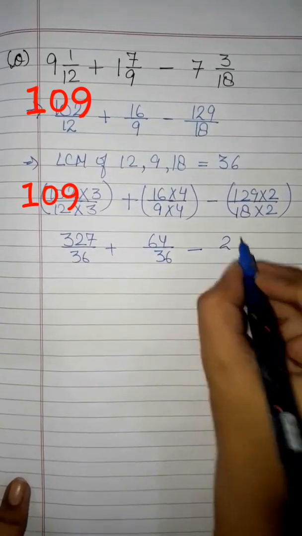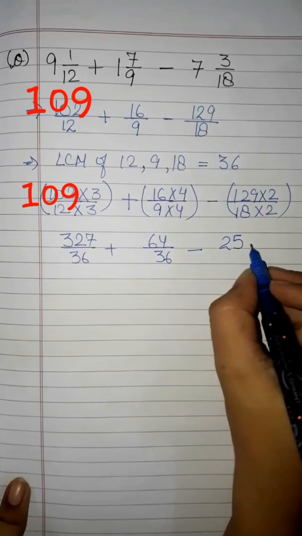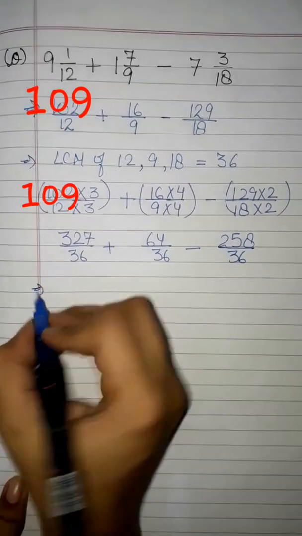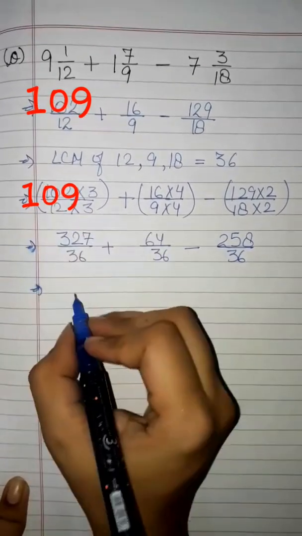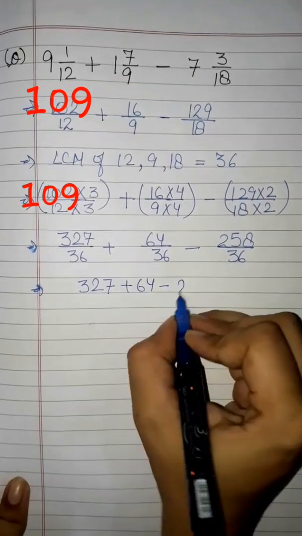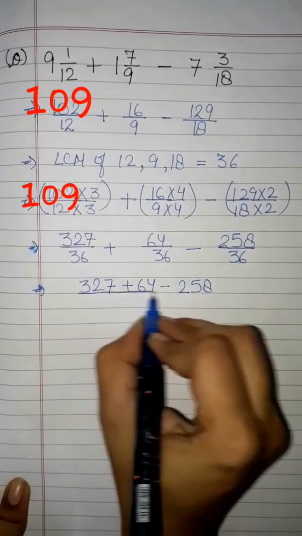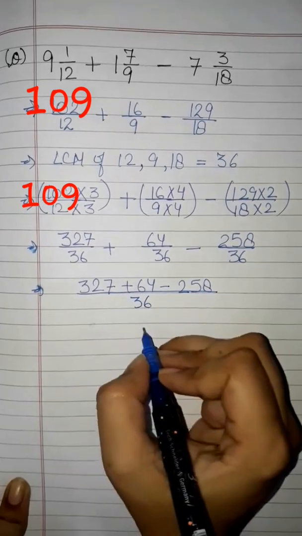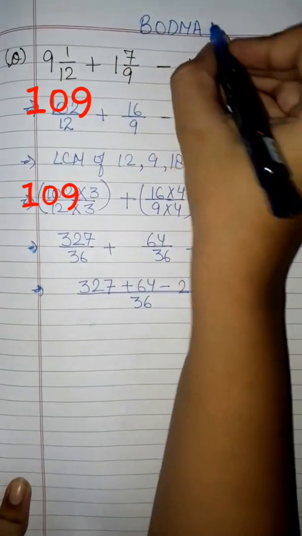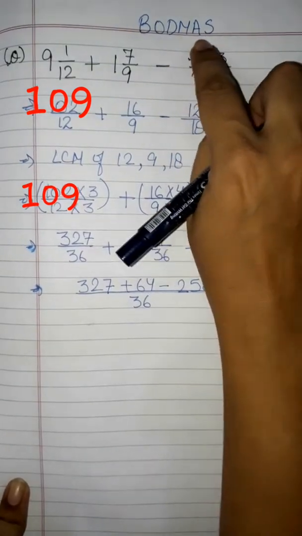minus 258 by 36. Now altogether we can write 327 plus 64 minus 258 over 36. You know what is BODMAS? What we will do first? Addition or subtraction?